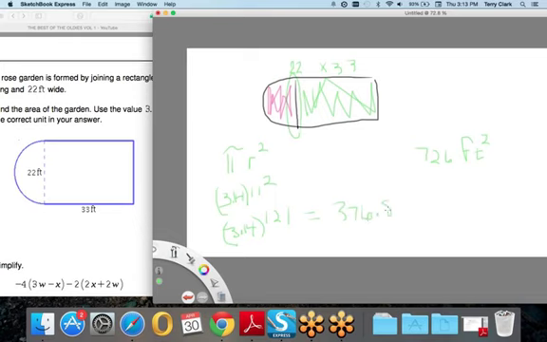376.8 square feet. Okay. Now, the garden consists of the semicircle and the rectangle. Okay, but the formula we just used was the formula for a circle. So to get a semicircle, we got to cut that in half. So we're going to take the 376.8 square feet divided by 2.